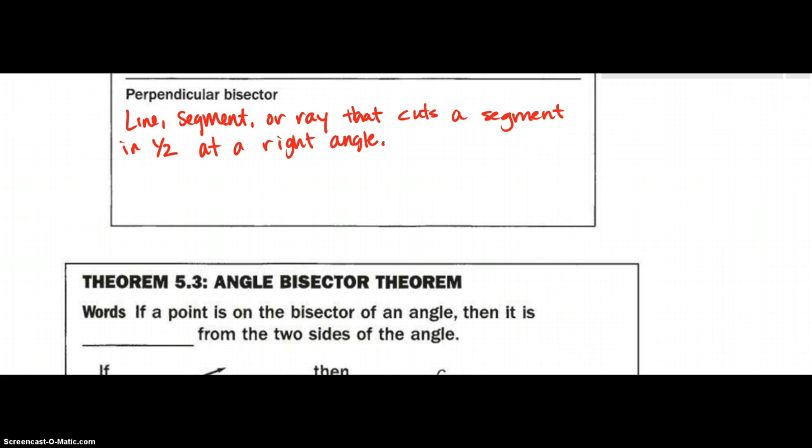So basically it goes through the midpoint, right? A line, segment, or ray that cuts a segment in half. So if I had a segment and I had a bisector, it is perpendicular and it cuts it in half.